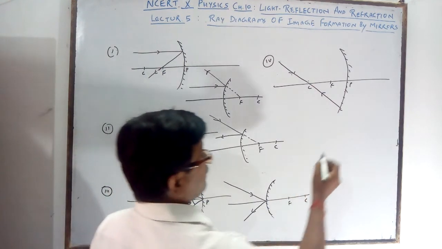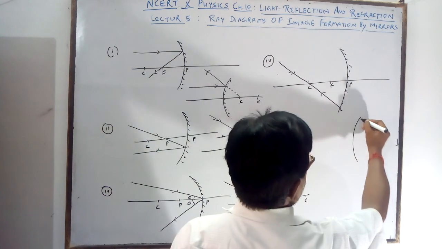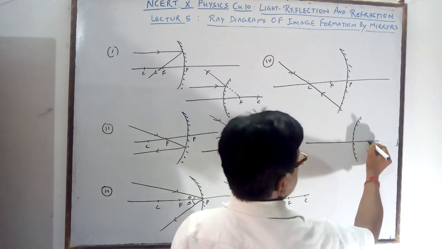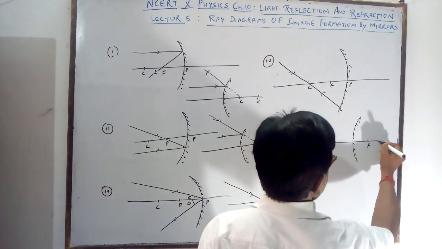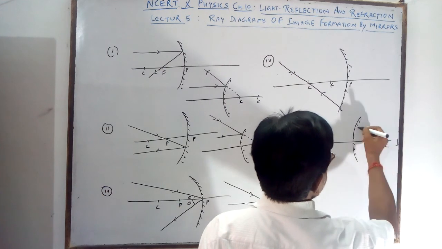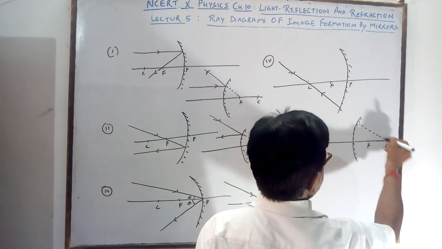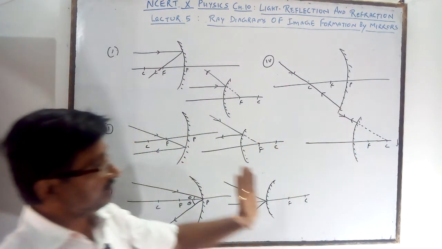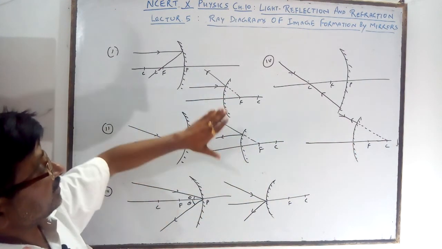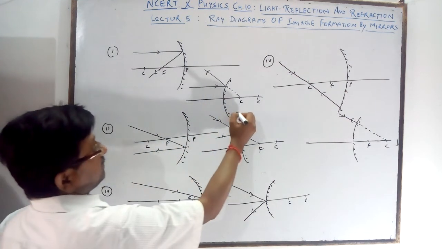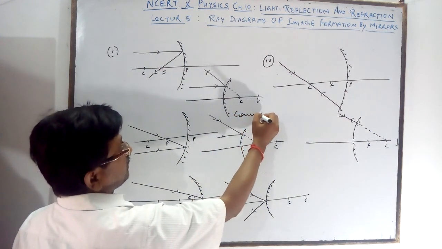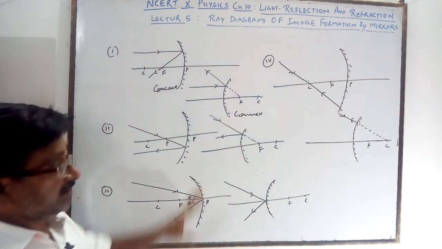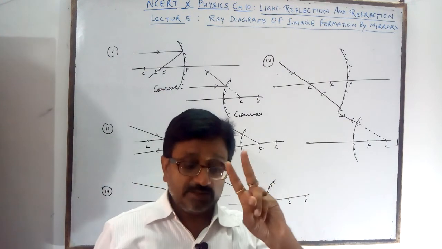And the fourth one: a ray which passes through the center of curvature will be like this. Same thing, a ray which is coming and going back. So for the concave and convex mirror, both, out of four you will take two.